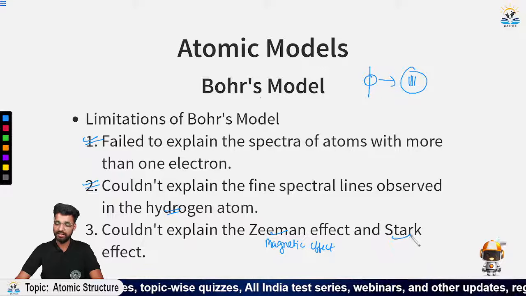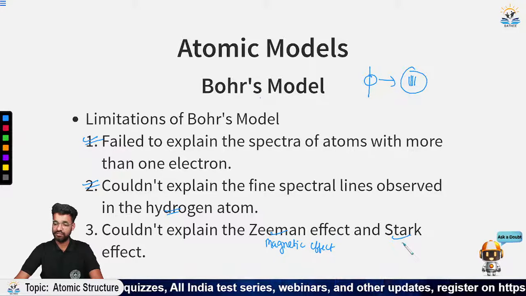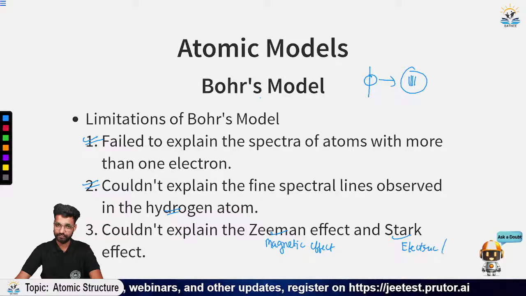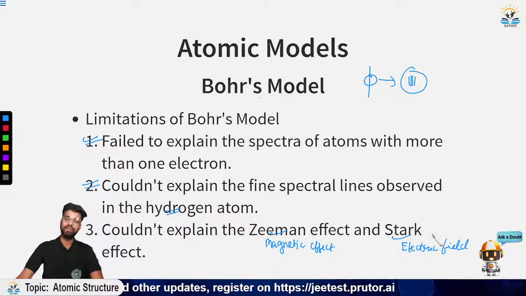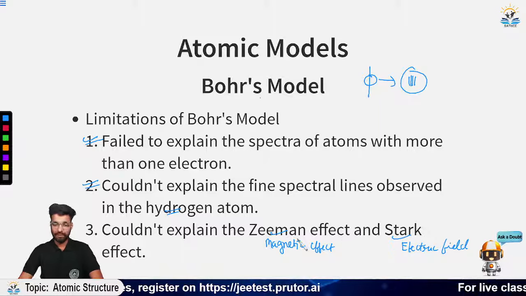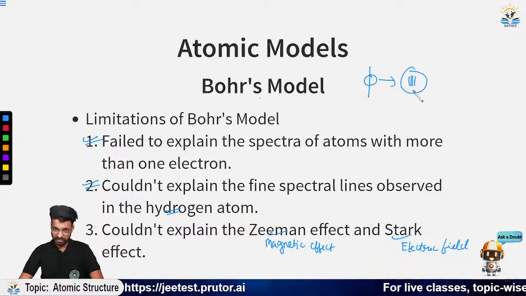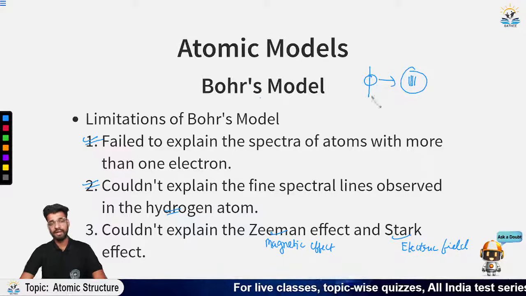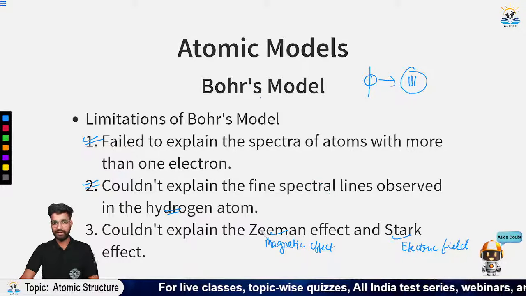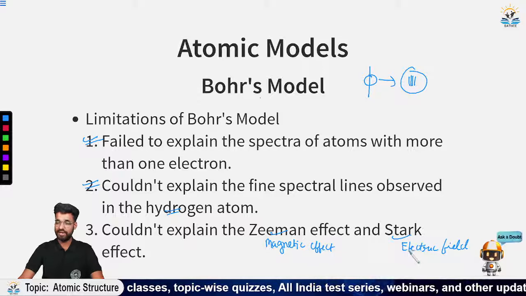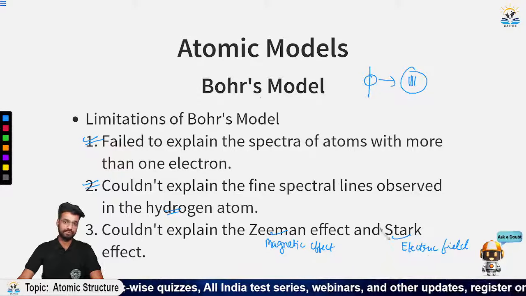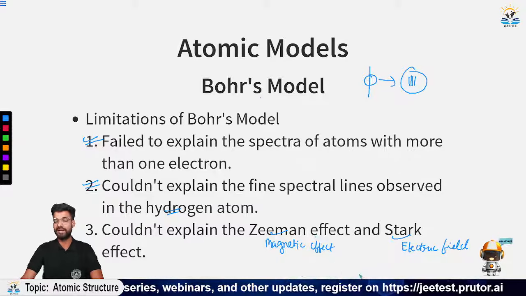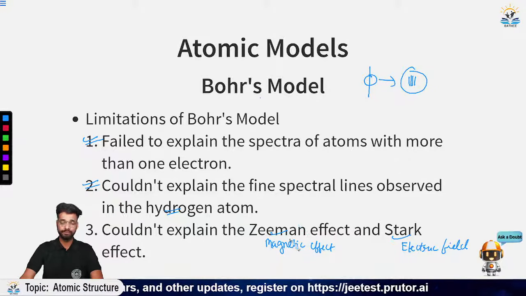The Stark effect is due to an electric field. So what does it mean? If you apply a magnetic field on the rays that we get due to transition, they split again, or if we apply an electric field, they also split. The Bohr model could not explain the splitting of light in the presence of a magnetic or electric field.